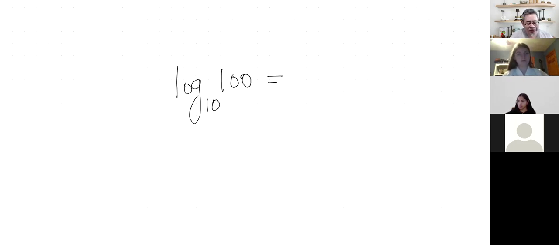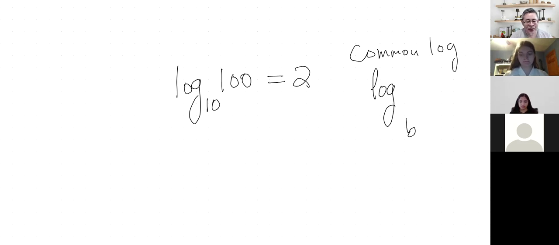And in our calculator, we'll see something like this, log by itself, and that means base 10. This is called the common log, so the base is 10. There's also something called the natural log, and that gets used in physics a lot.